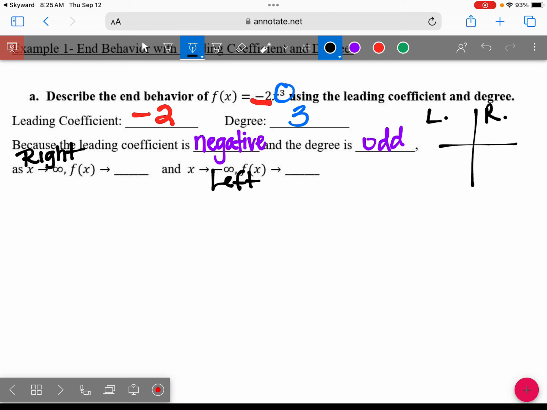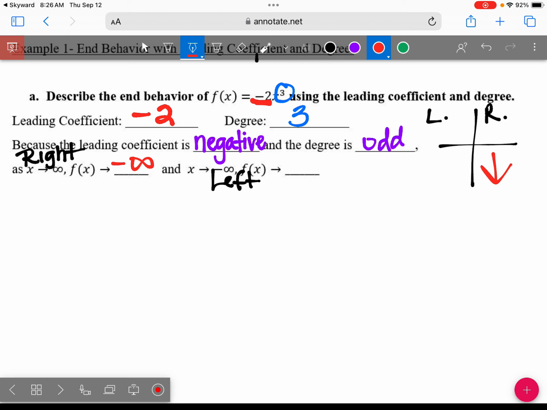Whenever you're thinking about end behavior, we're going to start with the right side. On the right side, because this is negative, the right side is going to go down. It goes down on the right, and if it goes down on the right, that means it's approaching negative infinity. So put a negative infinity right there.